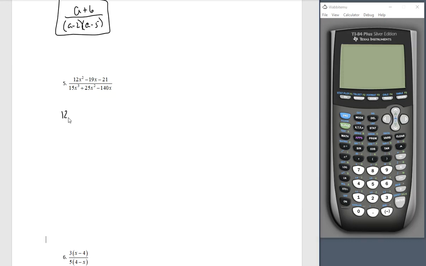We have 12x squared minus 19x minus 21. And I want to factor this. So I'm going to multiply 12 times a negative 21. I'm going to pull up my calculator over here. So 12 times a negative 21 is a negative 252.